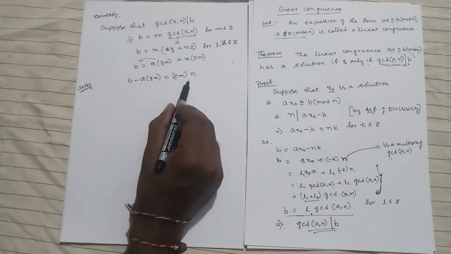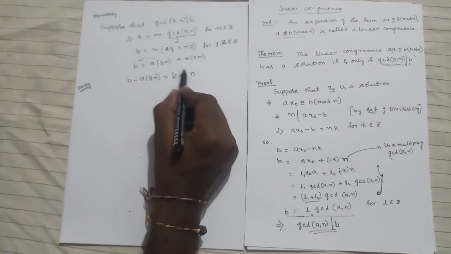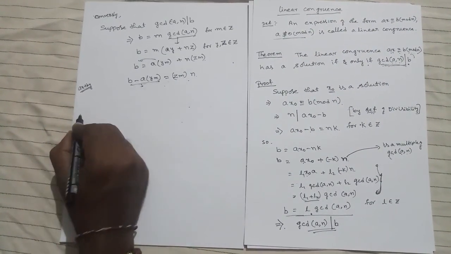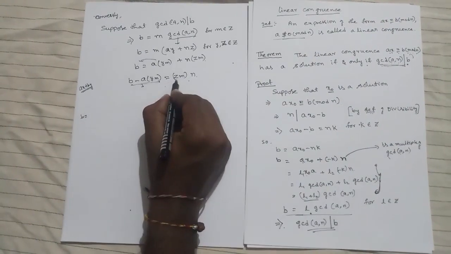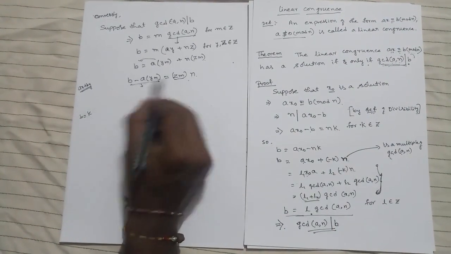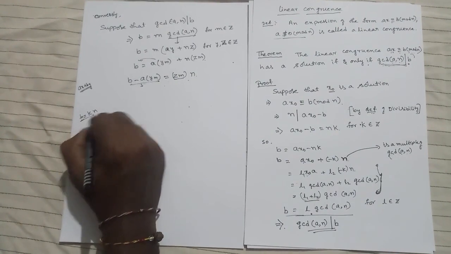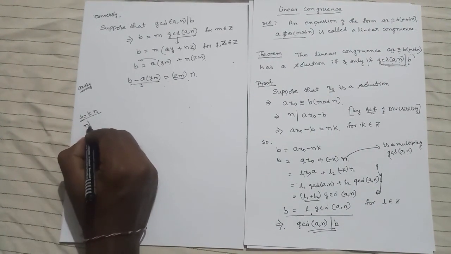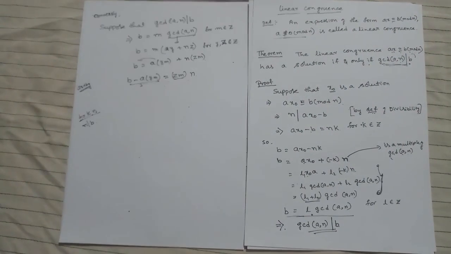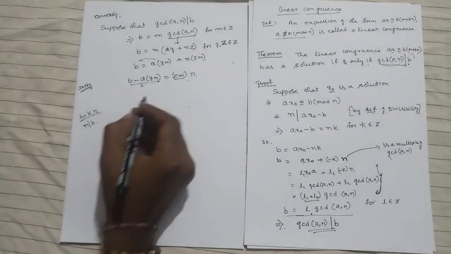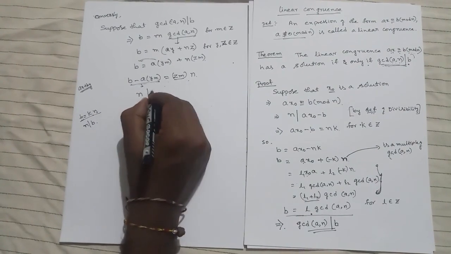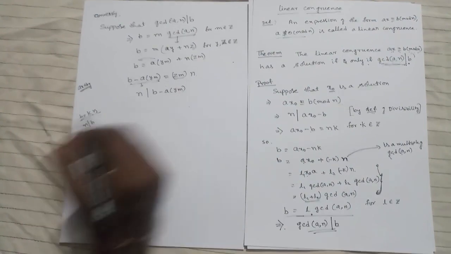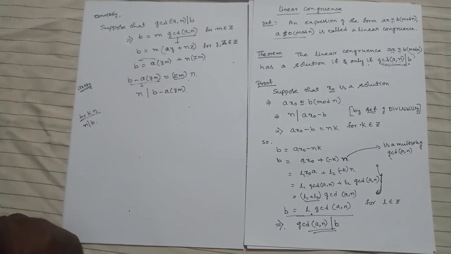Now this is in the form of the divisibility property: some integer into n, so that means n divides b minus a times ym.